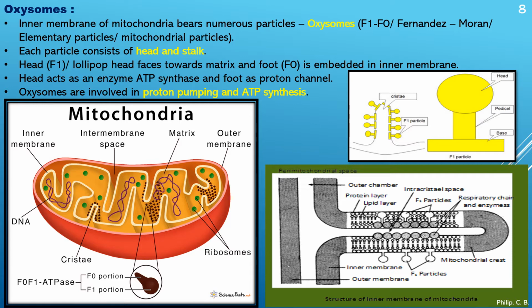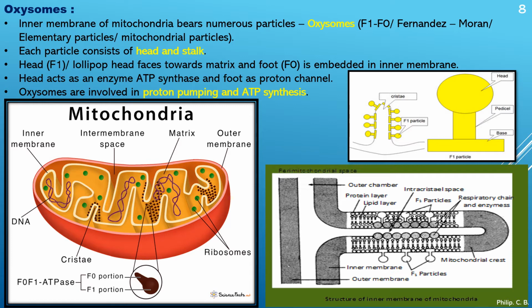Now you can see the image of the mitochondria, again the different parts in detail: the inner membrane, the space between the outer and inner membrane, the matrix substance, ribosomes, cristae, DNA. Cristae, again, have the F1 and F0 particles, which help in ATP synthesis.